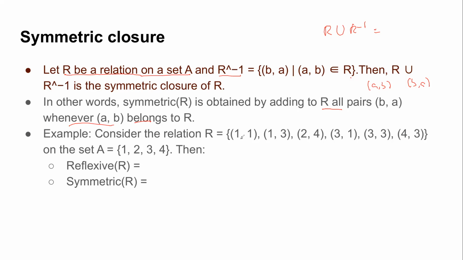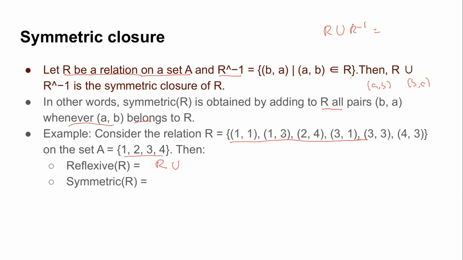Okay. Now can you tell me, for the given relation R on the given set, what is the reflexive closure of R? What you need to add to make this R reflexive? Okay, so I already have 1 comma 1. 3 comma 3 is already there, right, Ankita?